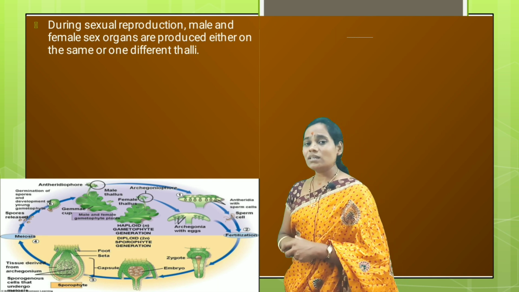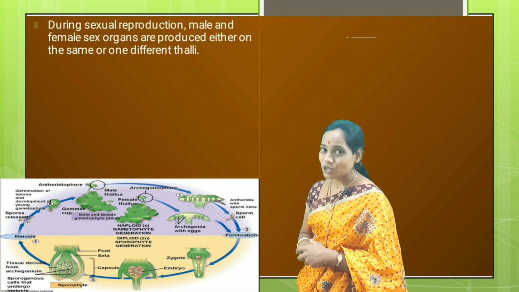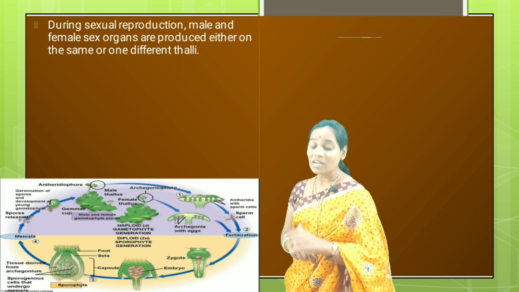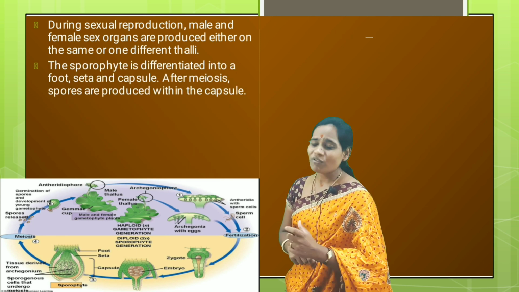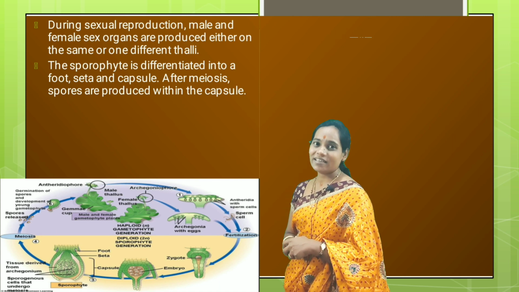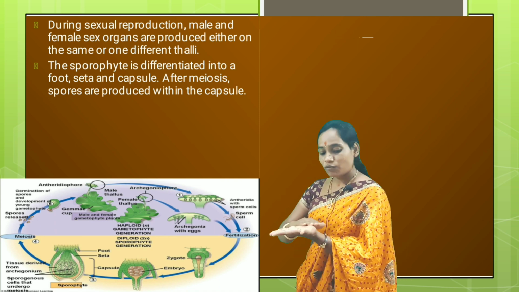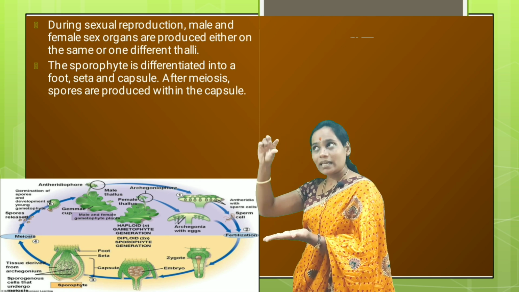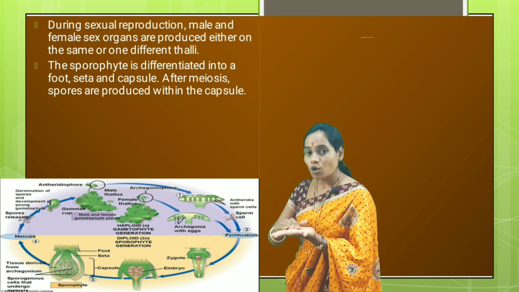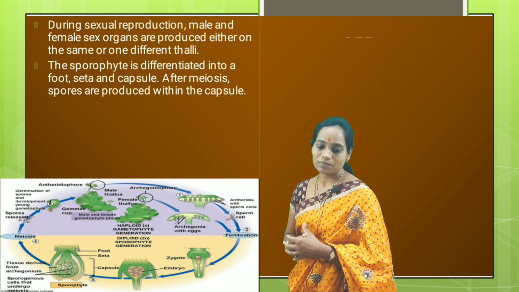In the liverworts, the sporophytic plant body which develops from the zygote is differentiated into three main parts: foot, seta, and at the tip a capsule.